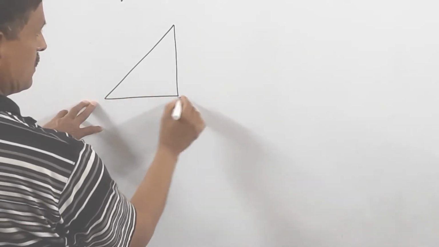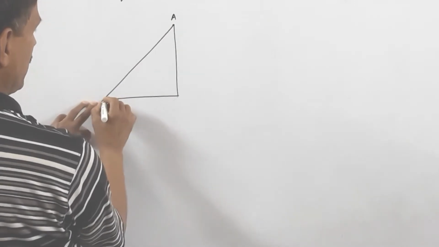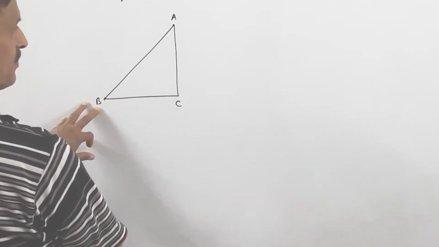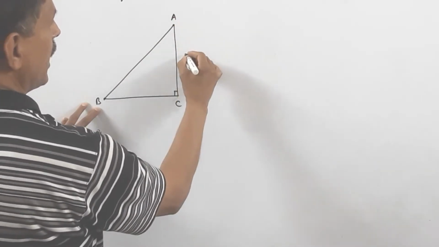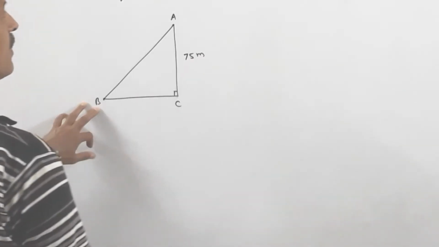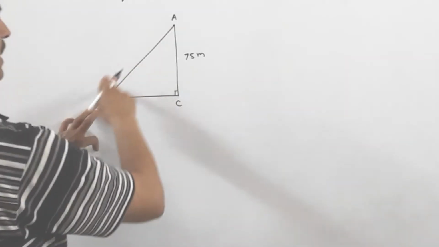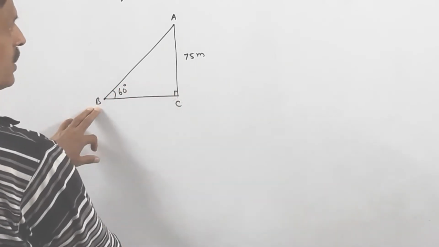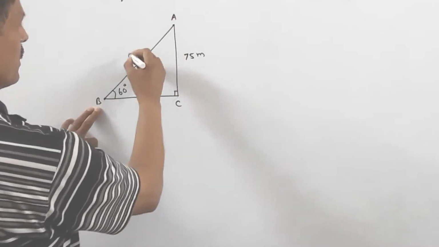This is the ground and here the kite is flying at point A. B is the point of observation. The height at which the kite is flying is 75 meters and the string AB is inclined at an angle of 60 degrees with the horizontal. We have to find the length of the string.